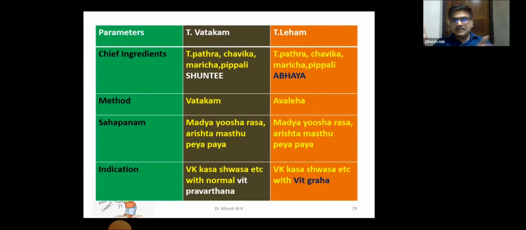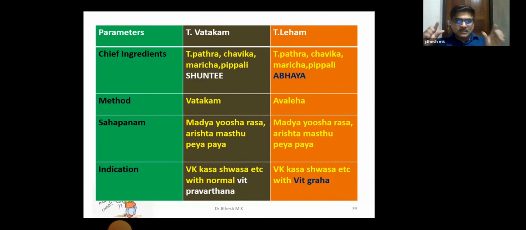But one is Vataka and the other is Leha. That is the main difference. The Anupana is explained as Madya, Yusha, Rasa, Arishta, Mastu, Peya, and Paya. In which kind of patients or which kind of symptoms can we give Talisapatradi Vataka, and in which can we give Talisapatradi Leha?